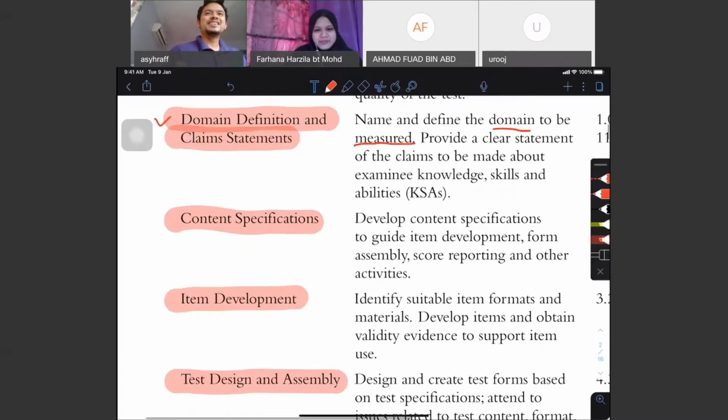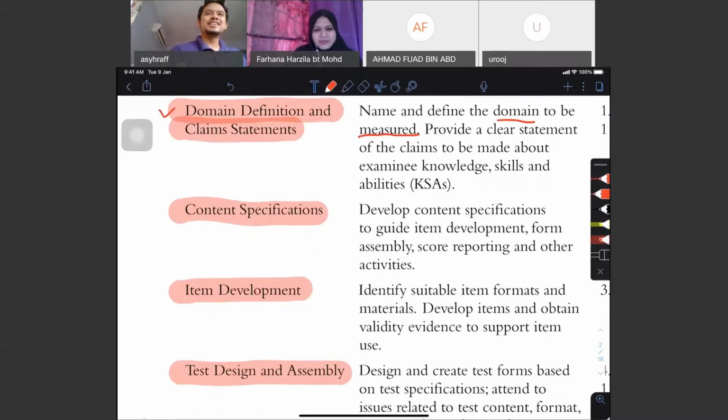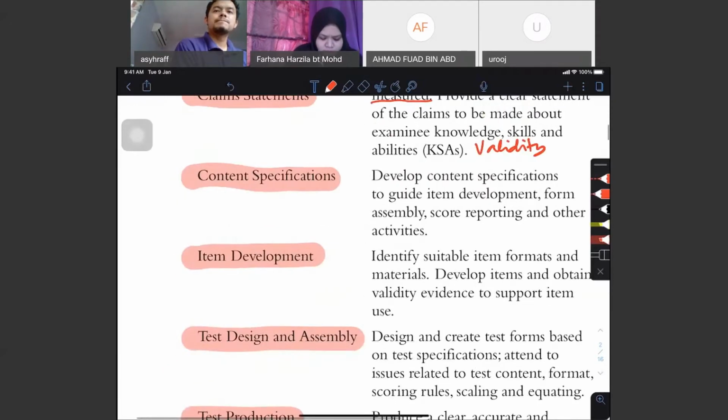If you want to go into detail, this clear statement of the claims, everything, is in the chapter on validity, if you recall, especially Kane's validity framework. Next, content specifications. One of the things we need to be sure of is our sampling.